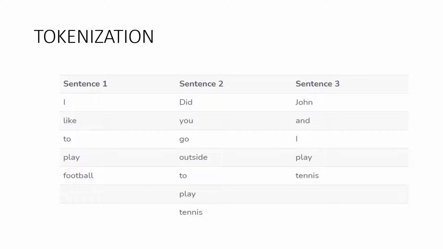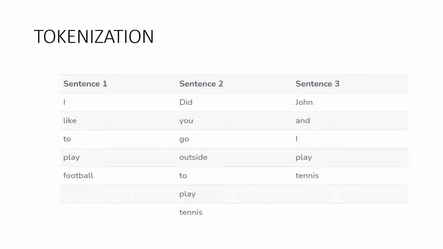Step 1 is the tokenization. Like the bag of words, the first step to implement the TF-IDF model is tokenization. You can see here sentence 1, sentence 2 and sentence 3 are tokenized.